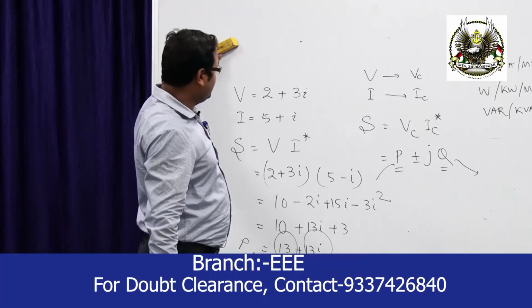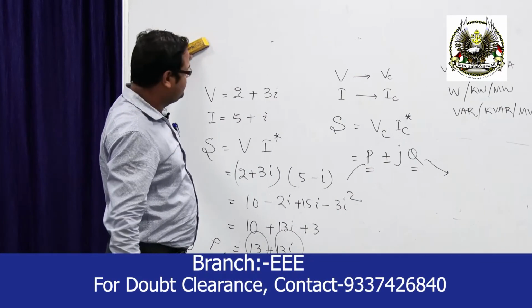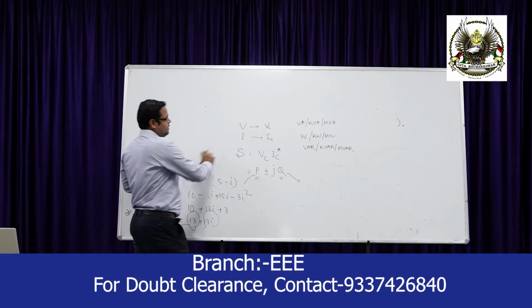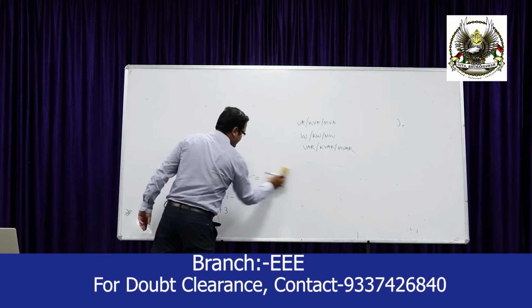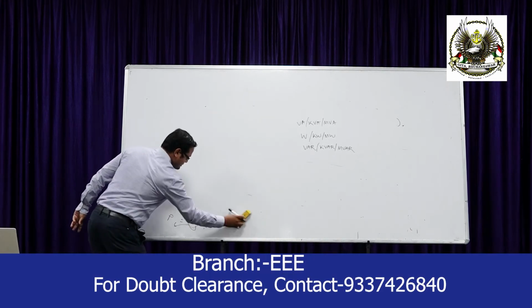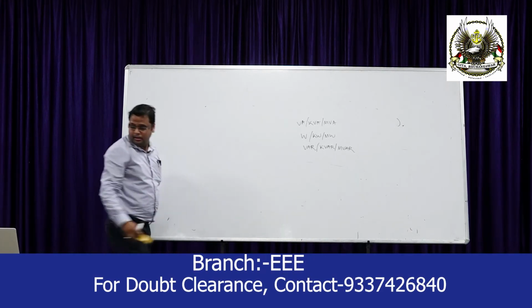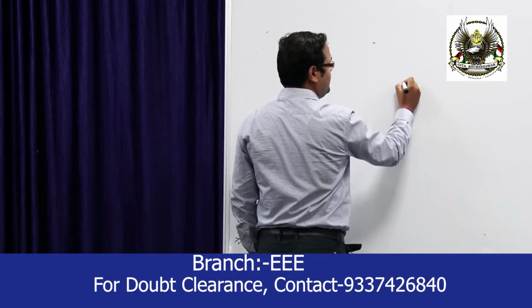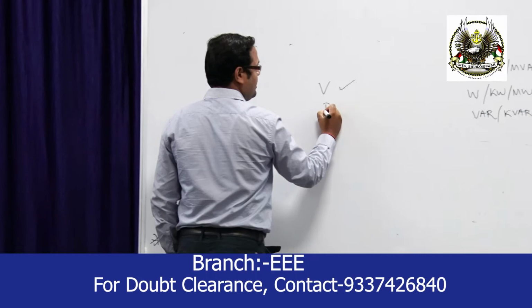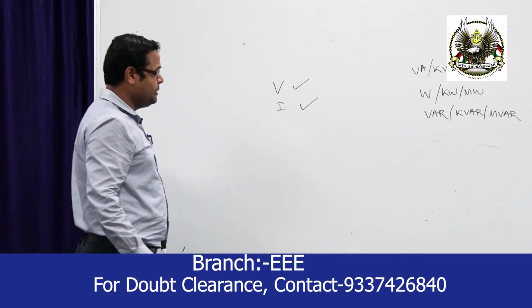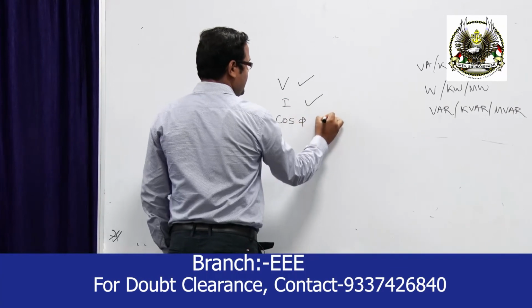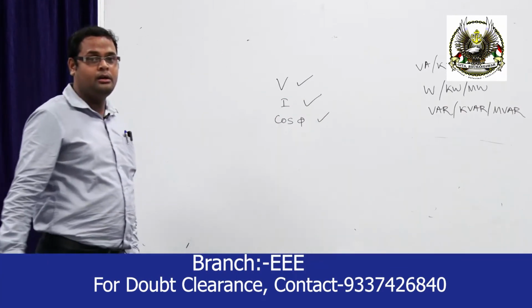So, the last formula of this single phase AC perhaps is: if the voltage, current and power factor are given, how to find the power. That is, if V is given, I is given, not necessarily complex, and cos phi is given, how to find the power.